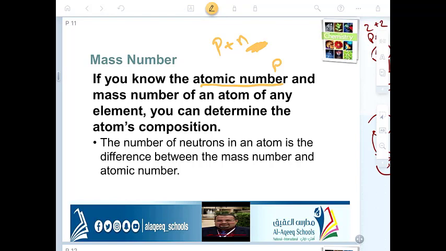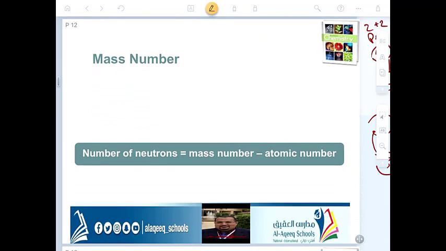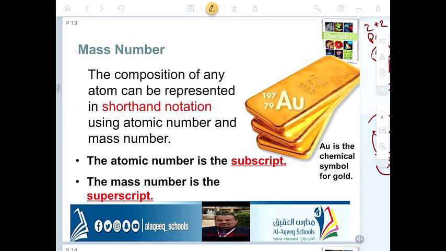Then, using the atomic number and the mass number, you can identify the three subatomic particles, or we can say we can determine the composition of the atom. If you want to calculate the number of neutrons, you subtract the atomic number from the mass number.